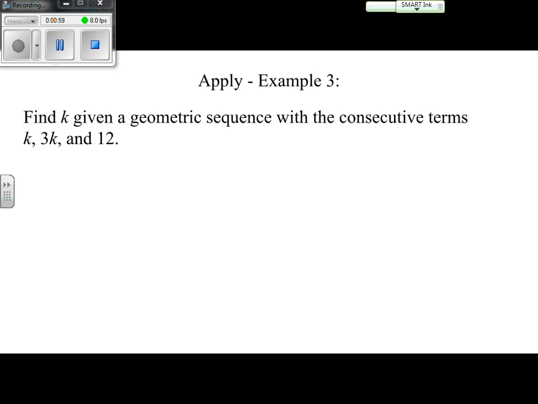So this term here, k, could be the first term in the sequence, or it could be the fifth term, but whatever it is, let's say it is the fifth term, then 3k would have to be the sixth term, the one that comes right after that, and 12 would have to be the seventh term coming right after that. Well, with any terms of a geometric sequence, similar to the example we had looked at before, 2, if I multiply by a common ratio of 3, I would get 6.